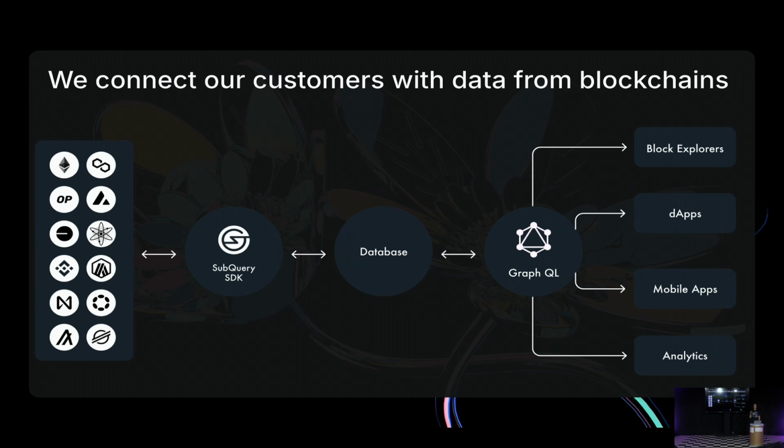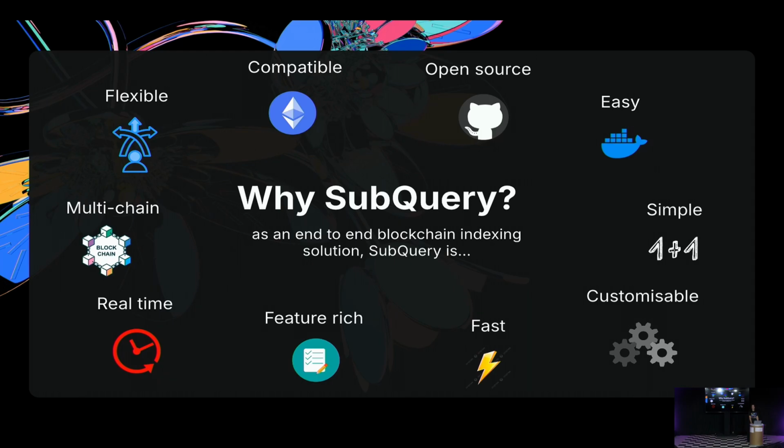So we do have a lot of customers and partners from all around, from different niches: from analytics tools to NFT marketplaces, DeFi projects, chain explorers, mobile apps, and on and on. If you need data in your application that is on chain, you can definitely use SubQuery to get it indexed, if we support this network.